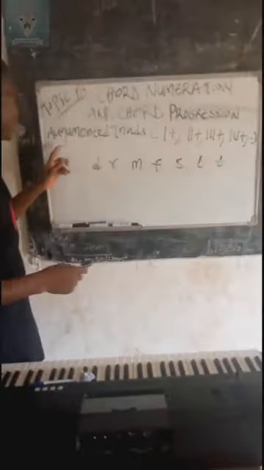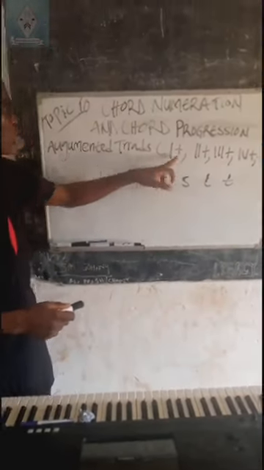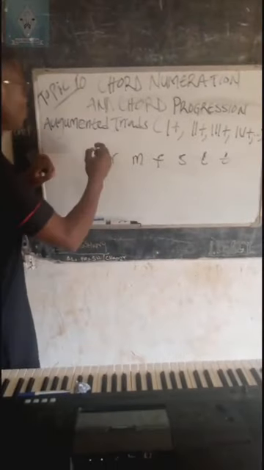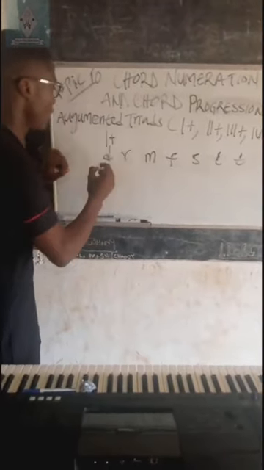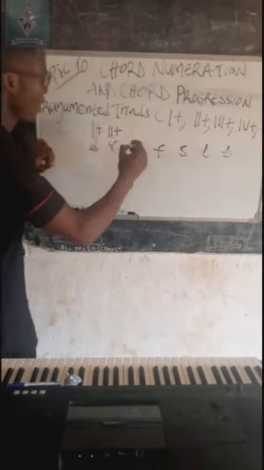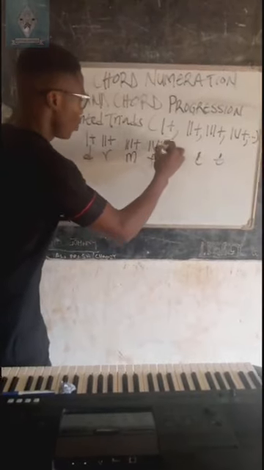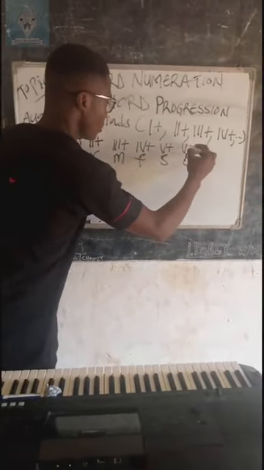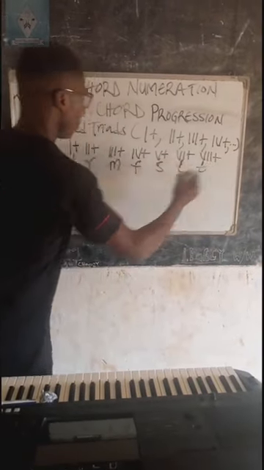Now for augmented triads, we are going to use uppercase Roman numerals with the plus sign added at the right-hand side. So this becomes capital 1 plus, capital Roman figure 2 plus, capital Roman figure 3 plus, capital Roman figure 4 plus, 5 plus, 6 plus, and 7 plus.